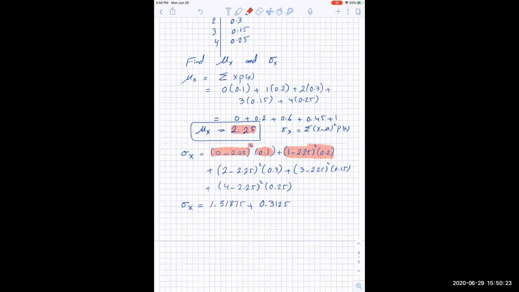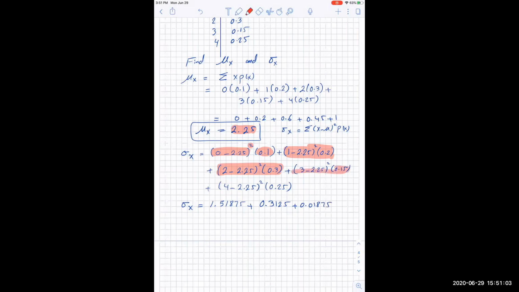And then the next one, 2 minus 2.25 squared, and then times this by 0.3. 0.01875.